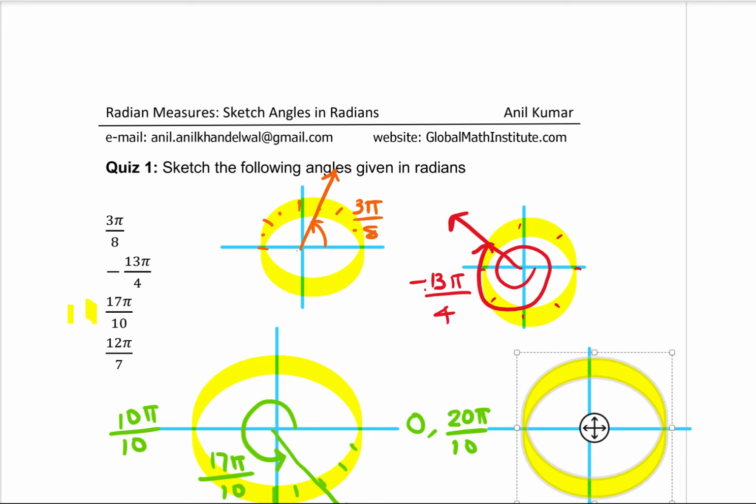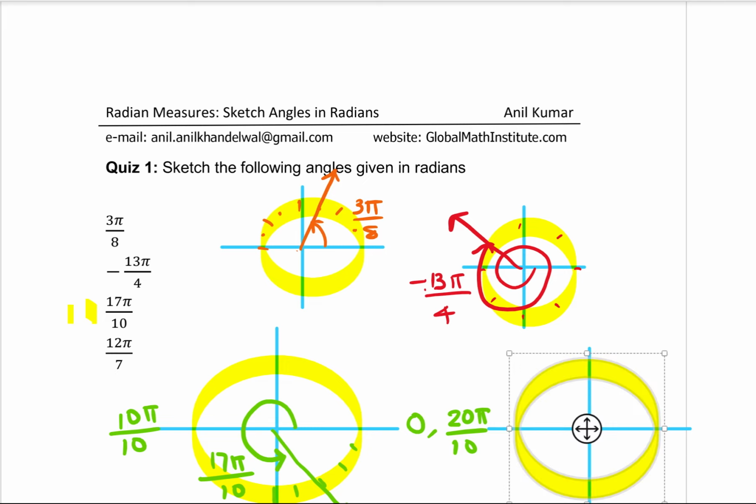We are going to divide this semicircle into 7 parts. Now 7 is not an even number like 3, remember? So 3 and a half. That is how you're going to get 7. So we get 1, 2, 3, 4, 5, 6 and 7. So that is how you're going to get 7 portions.